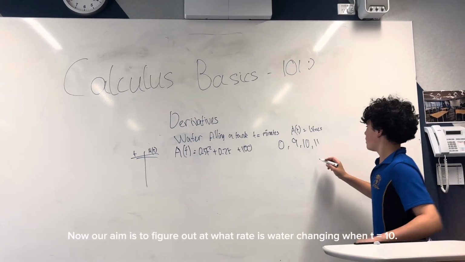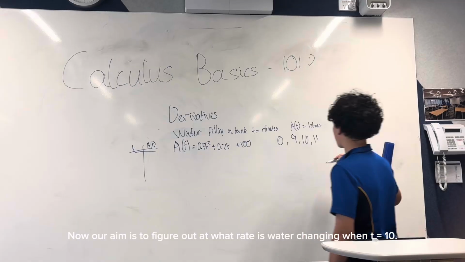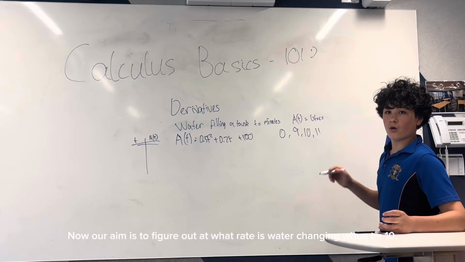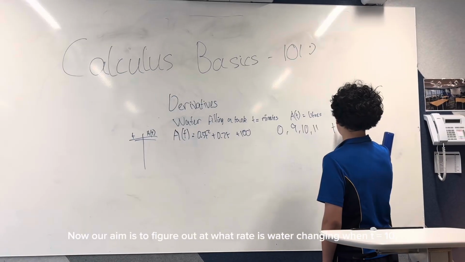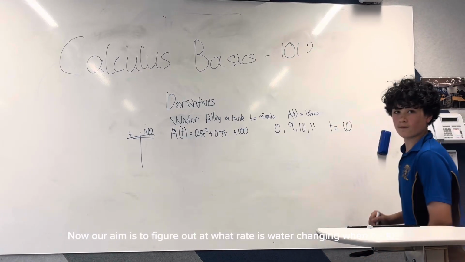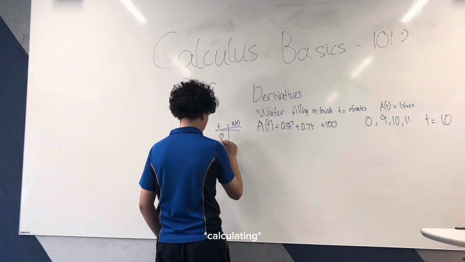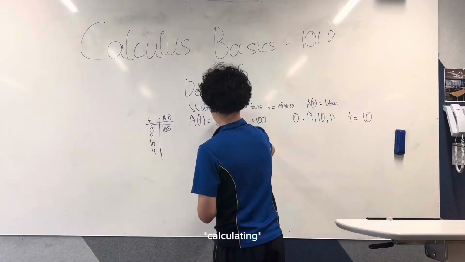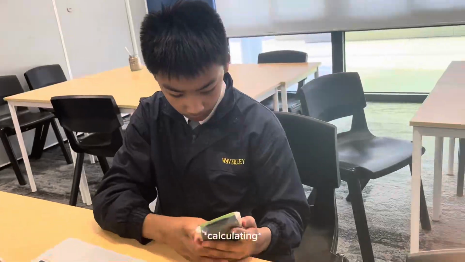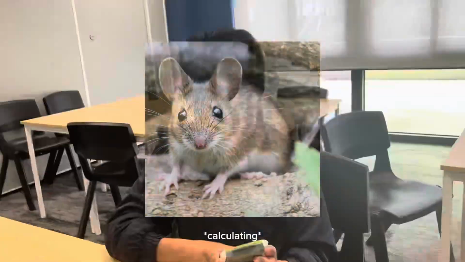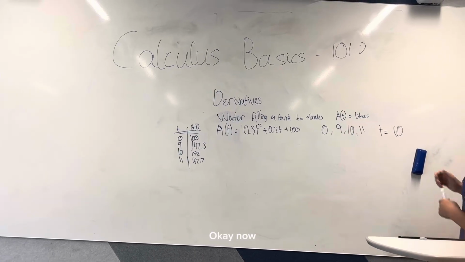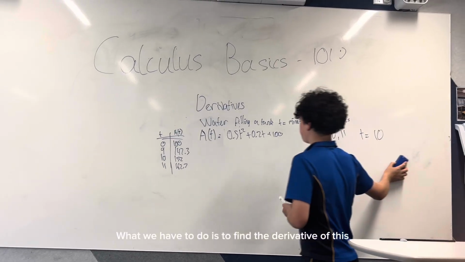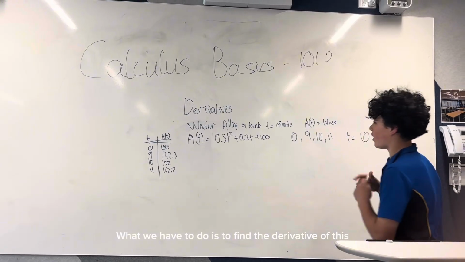Now, our aim is to figure out by what rate the water is changing when t equals 10. Okay, now, what we have to do is find the derivative of this.